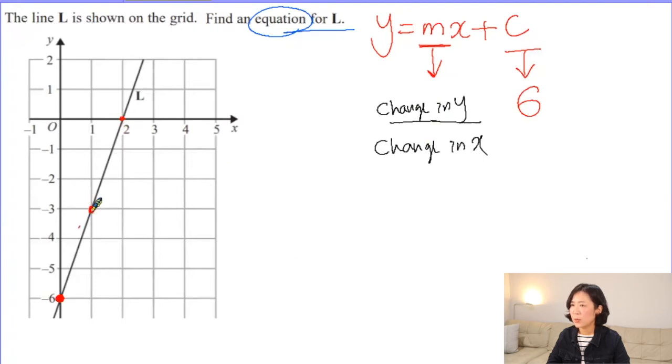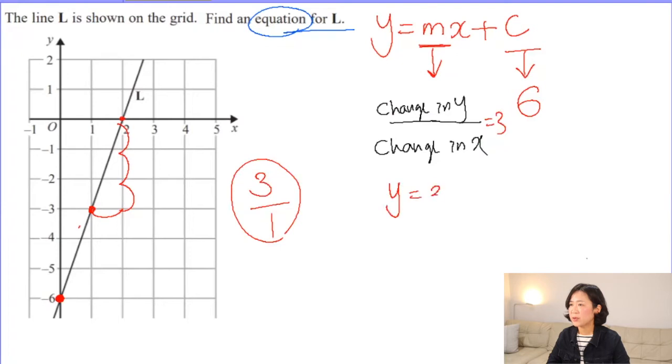You can choose any point. I'm going to choose 1 right and 1, 2, 3 up. So this is our gradient. That gives us 3. Then finally, our equation for the line L is y equals 3x plus 6.